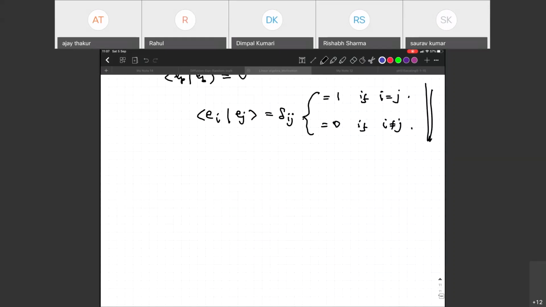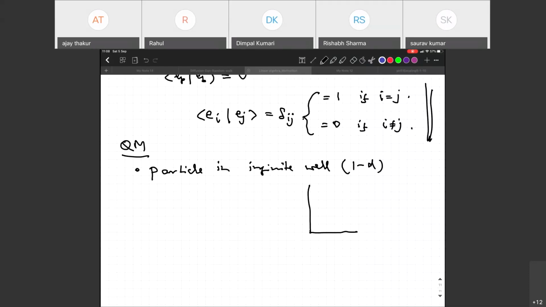Say, for example, this is just a teaser for physics students. Suppose we are considering a particle in a finite well, say the 1D case. Many of you, all the physics students, will be able to identify this. For math students, I need to set some background, which we will do. Here the potential is infinity, this is V and this is 0.